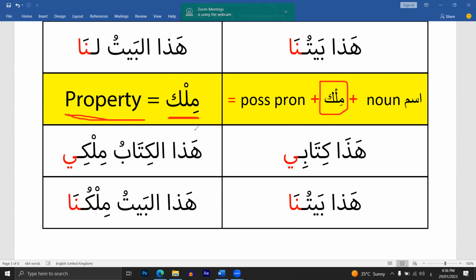So instead of saying this is my book, I want to say this book is my property. I'm going to use the same two examples. هذا كتابي, this is my book. هذا الكتاب ملكي, this book is my property. هذا بيتنا. هذا البيت ملكنا. So here we have the three approaches.